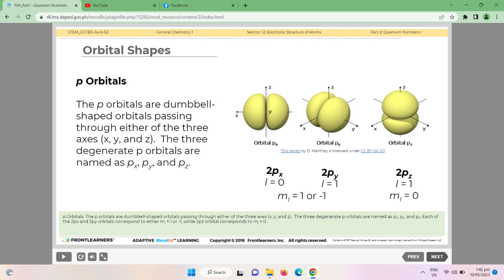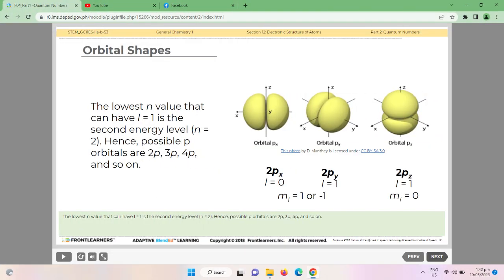Each of the 2px and 2py orbitals corresponds to either m subscript of L equals 1 or negative 1, while the 2pz orbital corresponds to m subscript of L equals 0. The lowest n value that can have L equals 1 is the second energy level, or n equals 2. Hence, possible p orbitals are 2p, 3p, 4p, and so on.